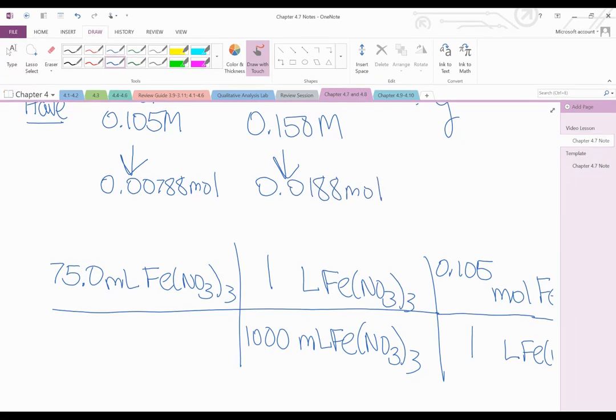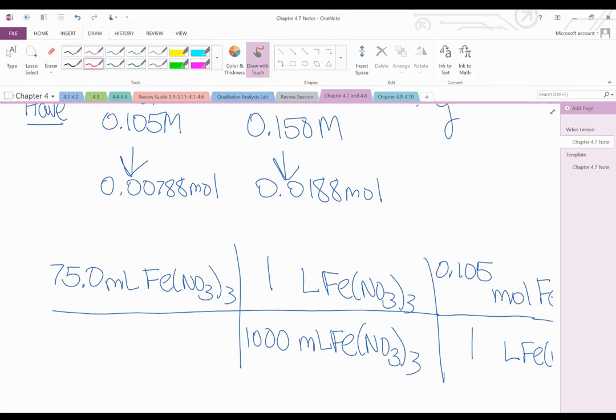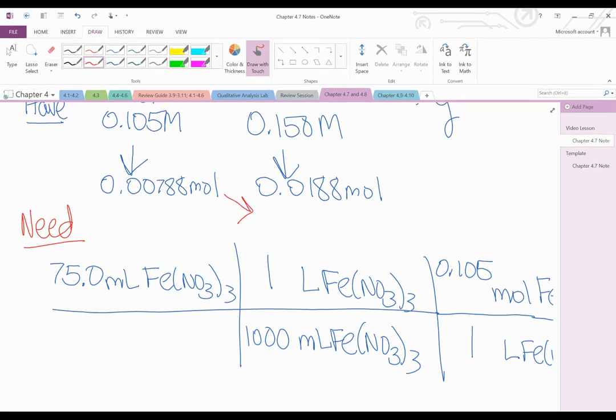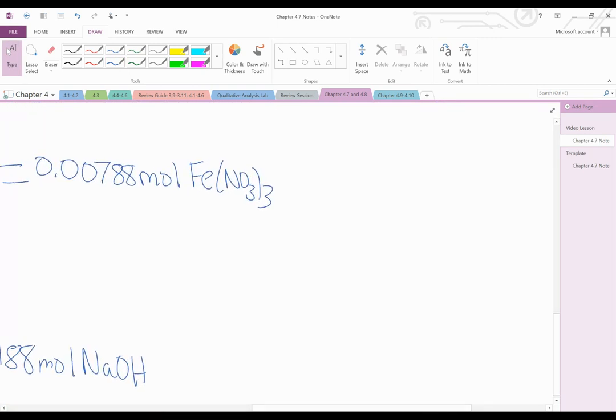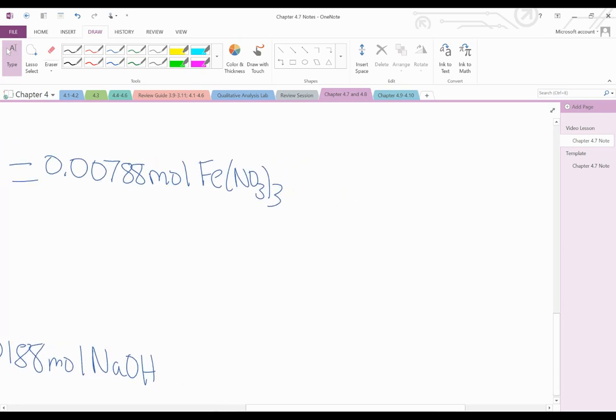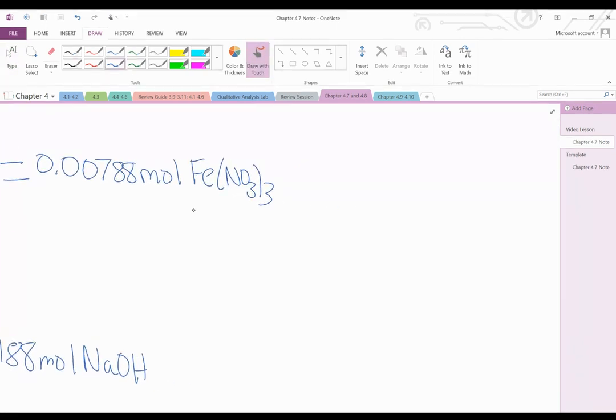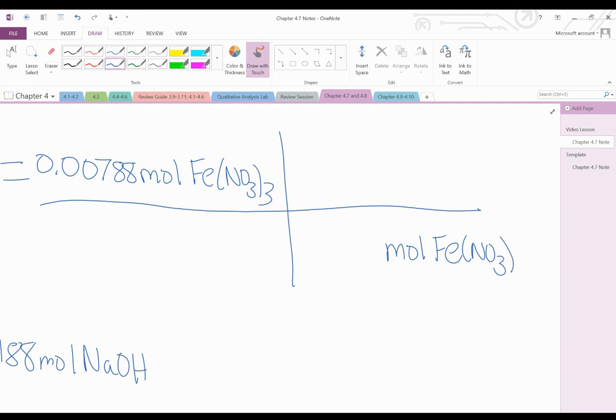So the next step is to figure out, well, what do I need? So I would convert this to moles of sodium hydroxide and this to moles of iron 3 nitrate. So if I have 0.00788 moles of iron 3 nitrate, I'm going to go from moles of iron 3 nitrate to moles of sodium hydroxide.